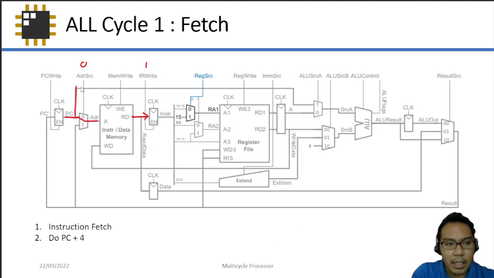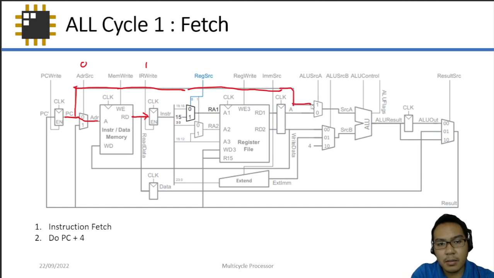We also want to calculate PC plus 4, as I said earlier. So now we're going to route the PC all the way to here. So we choose 1 here. We tell the ALU to add, and what do we add? We add 4.